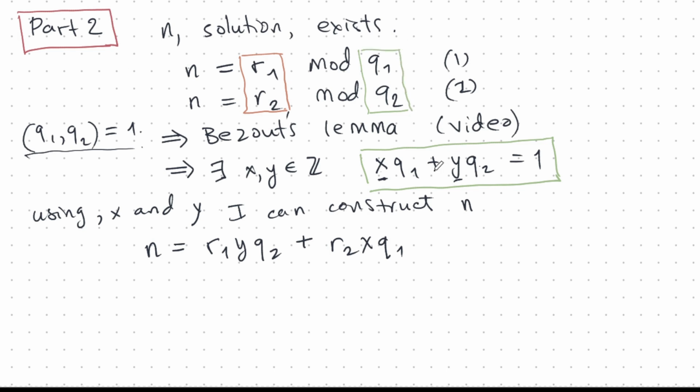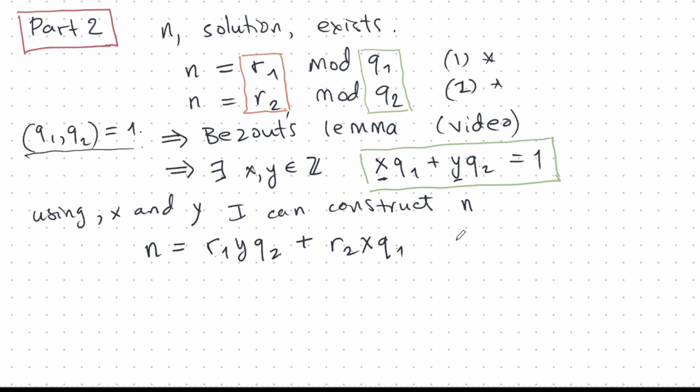And X and Y are the coefficients for this Bezout combination that gives me 1. Okay, so I construct this. It's got an interesting symmetry. I have 1 and 2 here, then 2 and 1, Y and X. All right, so we want to show this is a solution to both equation 1 and equation 2.